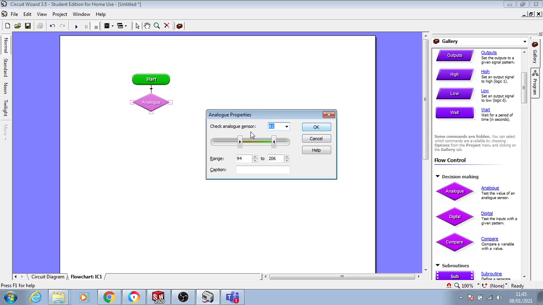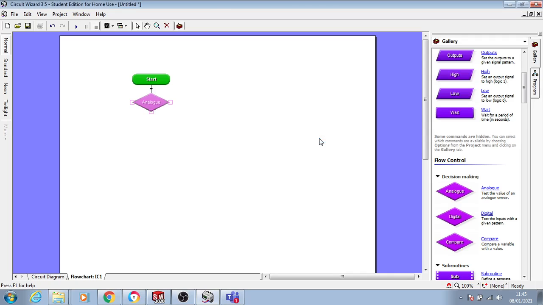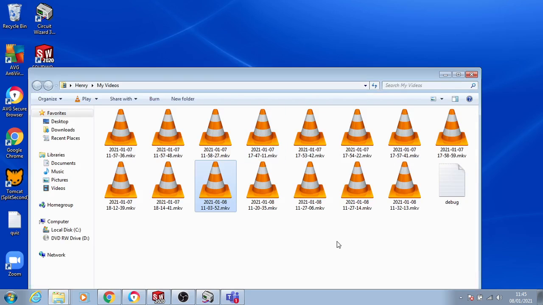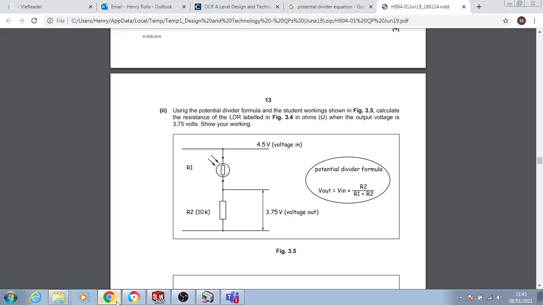So when it's within that range, you can say switch the street lights on or whatever. Play around with it, have a little go yourself. It's a good little exercise to familiarise yourself with Circuit Wizard. It's a really nice way of demonstrating theory, testing your own circuit designs, and underpinning your maths knowledge.